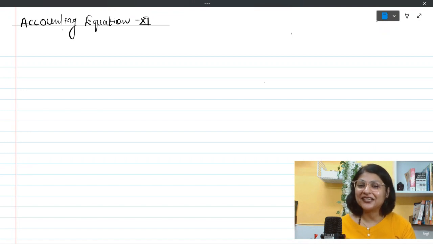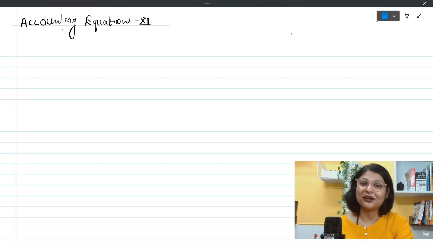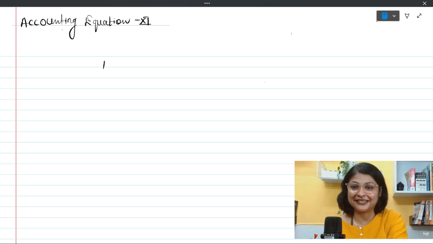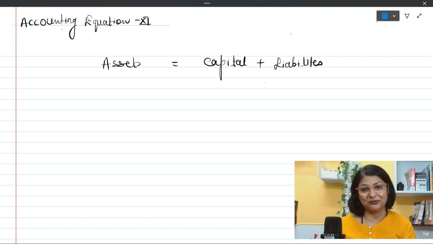So we are starting with accounting equation today. What is accounting equation? We have studied under GAAP what is dual aspect concept. Accounting equation is nothing but the numerical expression of dual aspect, where we say assets are equal to capital and liabilities. You all are familiar with these three terms: what is capital, what is assets, and what is liabilities.